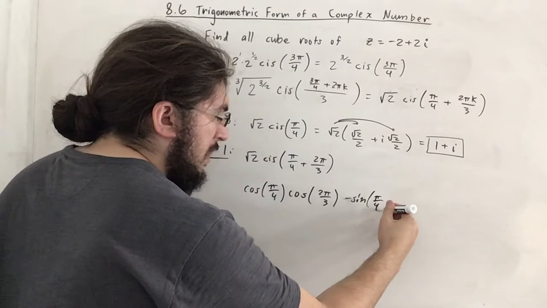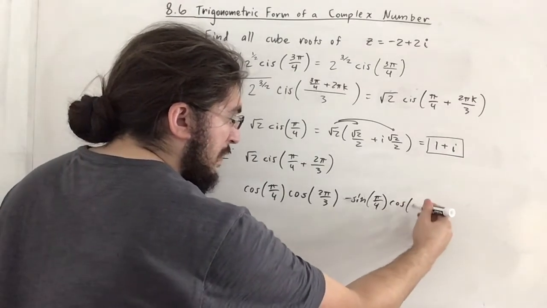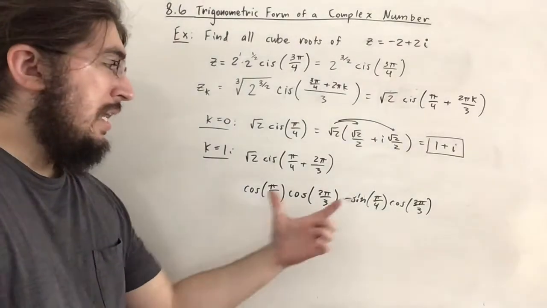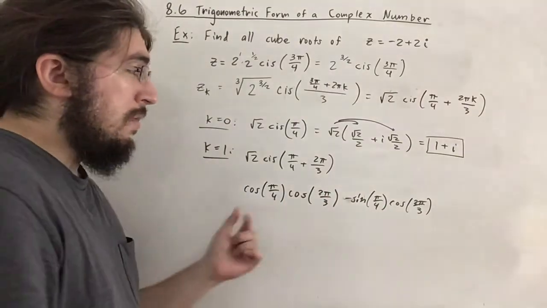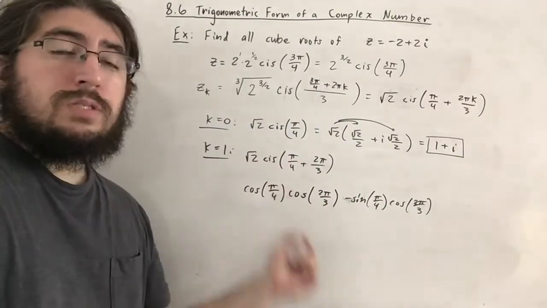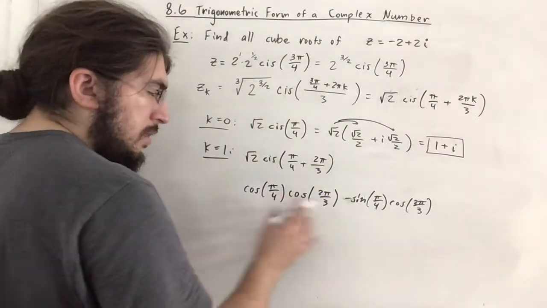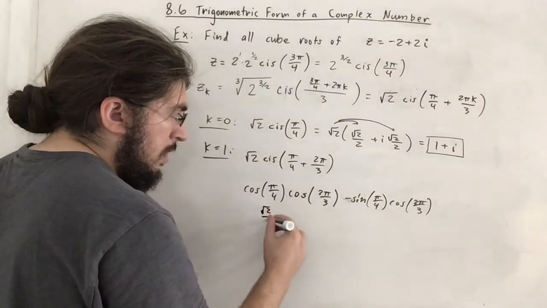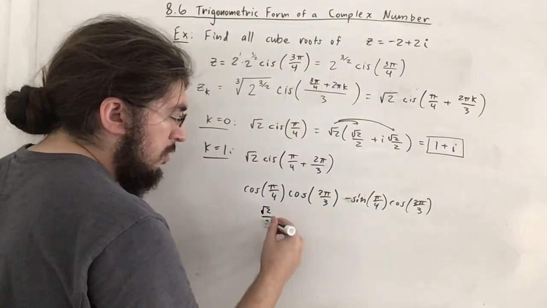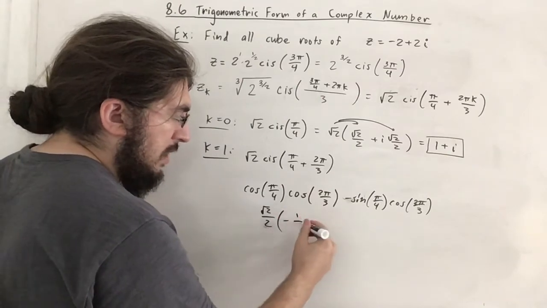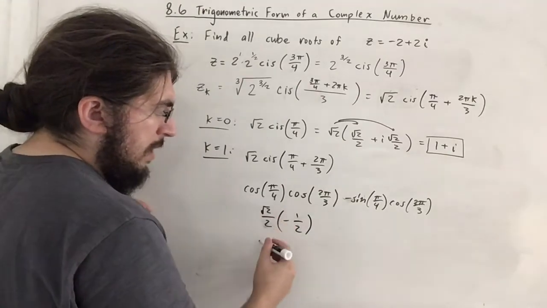Now what's really cumbersome about this, and makes it super tedious, is that the value we're going to get here will only be the first cosine part, and then we need to do plus i for the sine part. So here we're going to get radical 2 times radical 2 over 2. Cosine of 2 pi over 3 is negative 1/2 actually. So this is going to be negative radical 2 over 4.